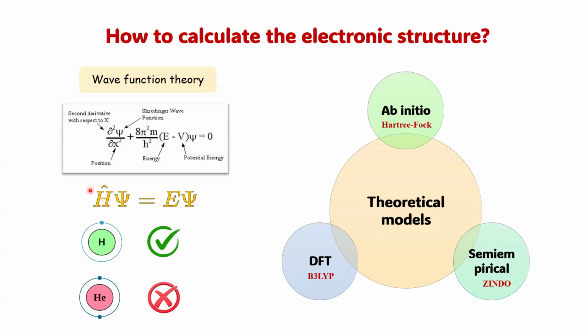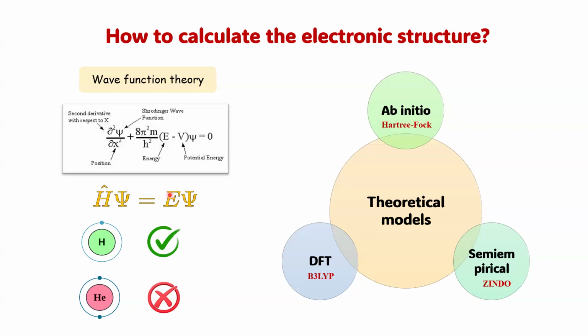The Hamiltonian operator gives the information regarding the kinetic and potential energy of all the particles present in your system. And E indicates the overall energy of your system.